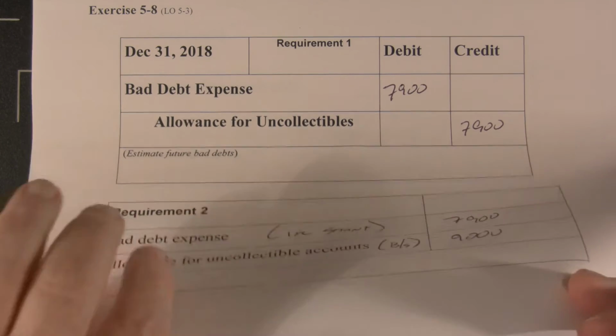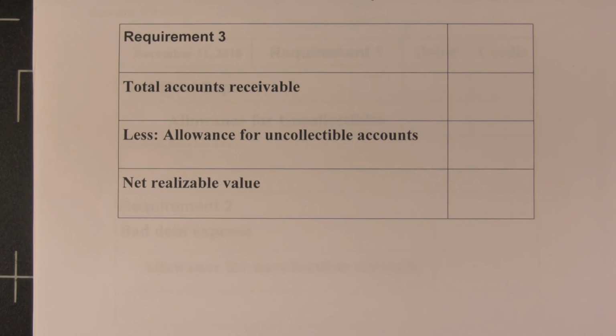And then the last part of this, it says, please show us accounts receivable at net realizable value. This is, please show us accounts receivable in the legally acceptable fashion.